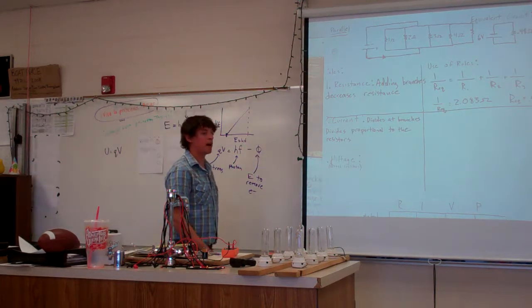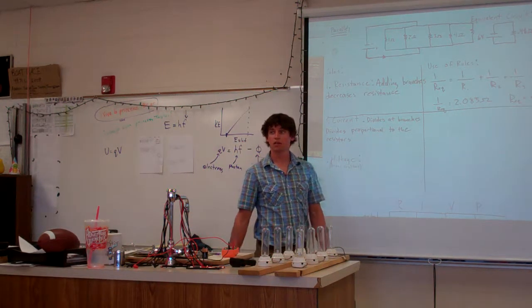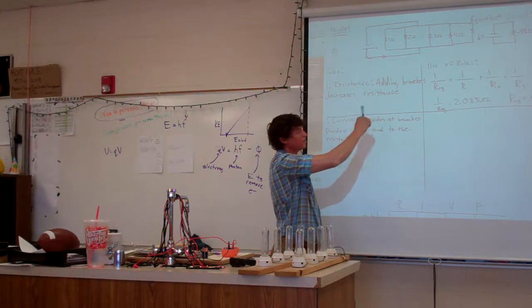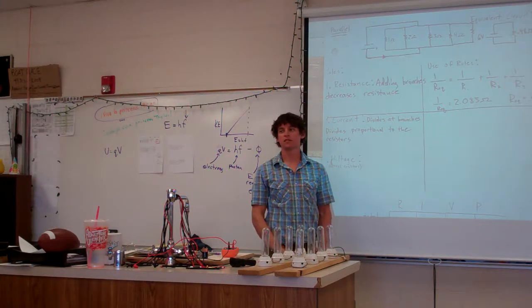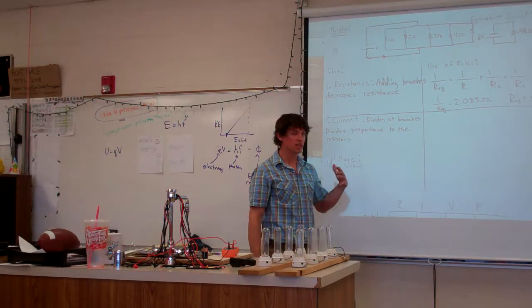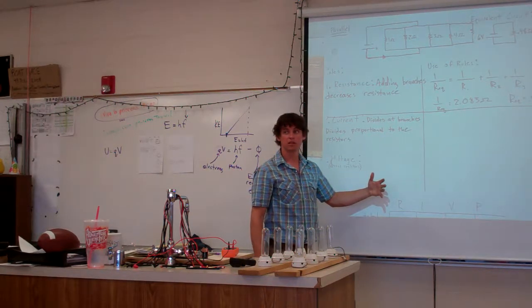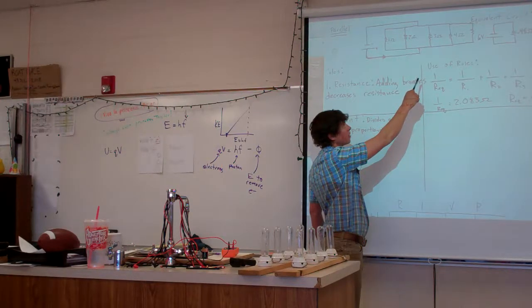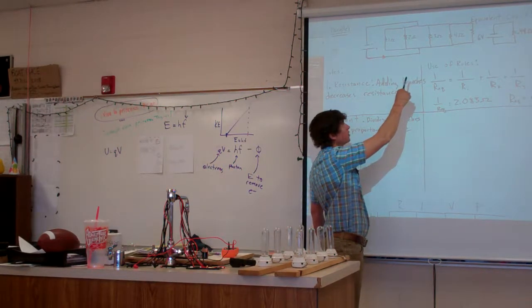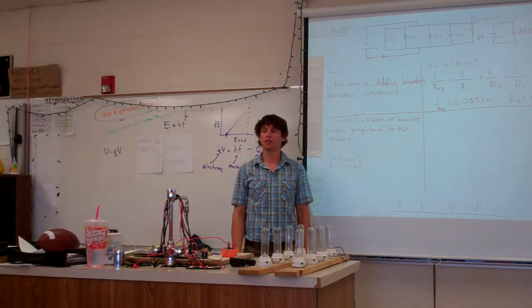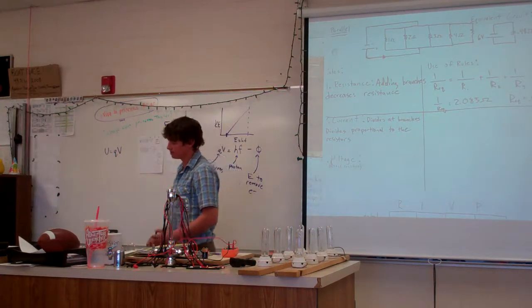So you guys have heard path of least resistance, right? Which of these is going to get the most current? The 1 ohm, right? Because it's the path of least resistance. Now it doesn't get all of the current. Some of that current's still going to go through the 4 ohm. Some of it's still going to go through the 3 ohm, but the 1 ohm is going to be our highest current.